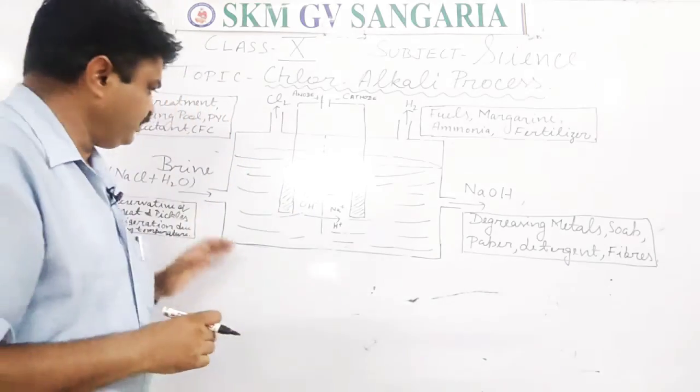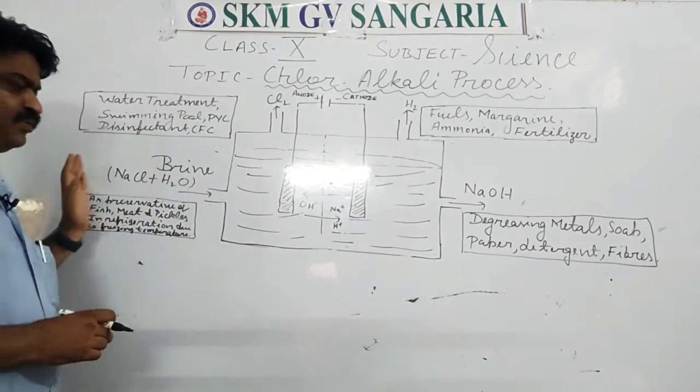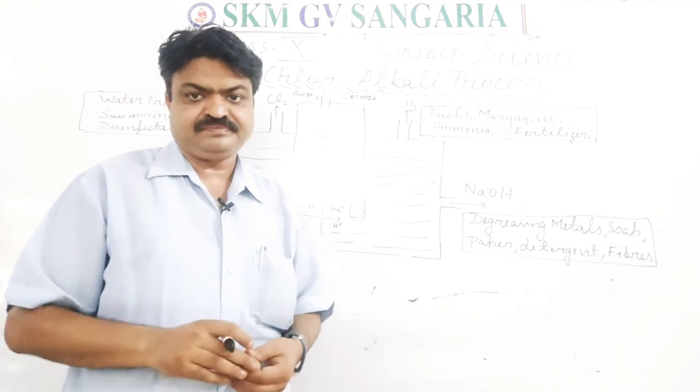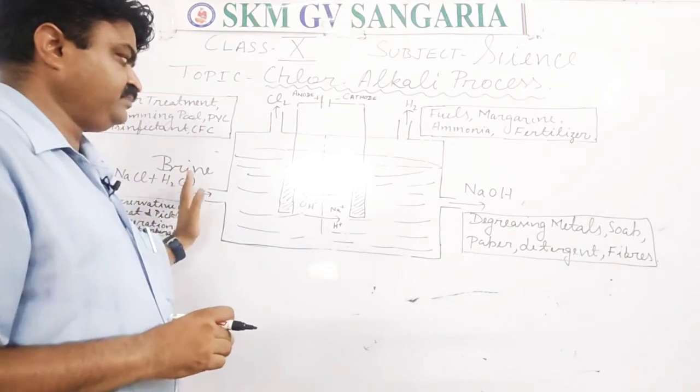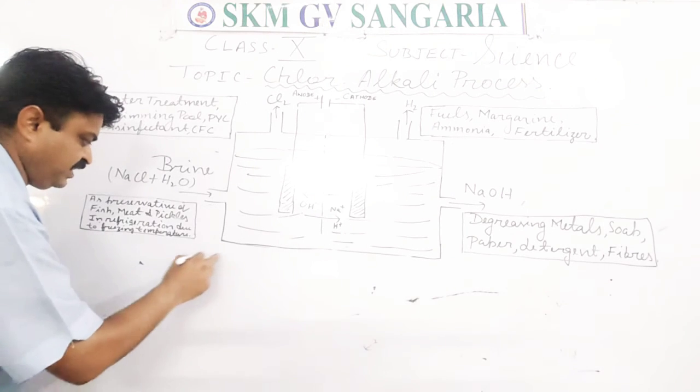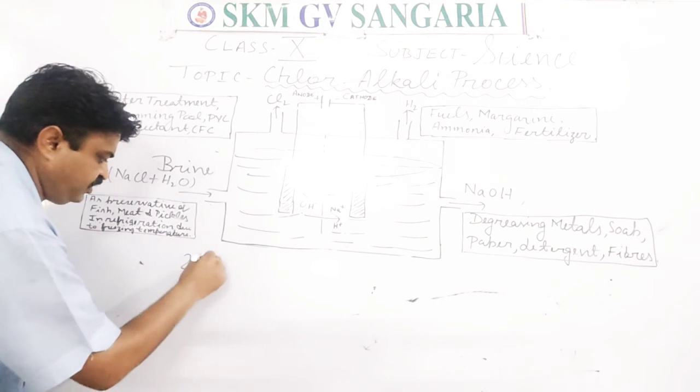Now we come to the chlor-alkali process. How is it used? When current is passed through the brine, student, then what happens? I am writing it as a chemical reaction.